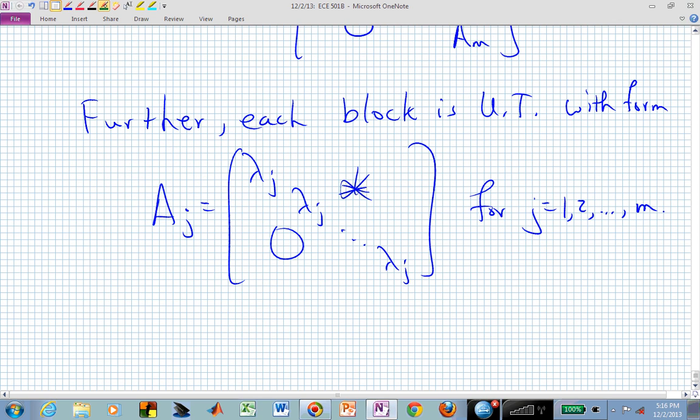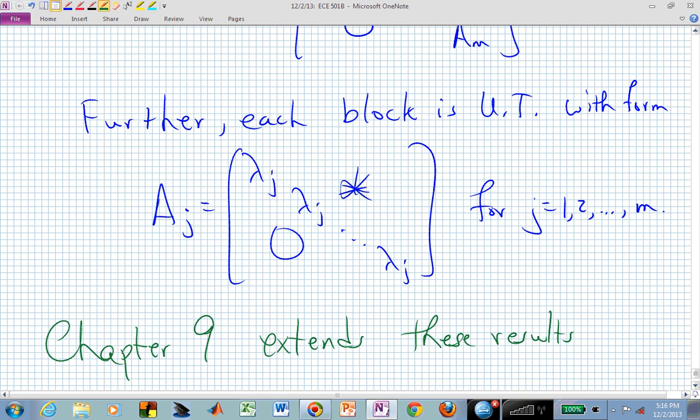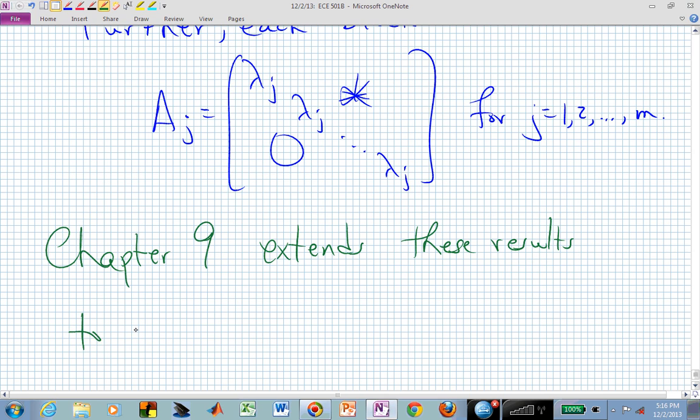And that actually brings us to the end of chapter 8, which effectively brings us to the end of chapter 9 when you look at these under real spaces. So I'm just going to say chapter 9 extends these results to real vector spaces, and sometimes it makes it more challenging or more complicated when we go into real vector spaces.